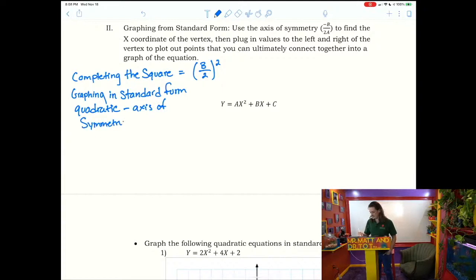That is negative b over 2a. So they're two separate expressions, but they're very similar to each other, and they're very easy to get mixed up. So I just wanted to clearly put those out there, that here we're going to be using this guy, negative b over 2a.